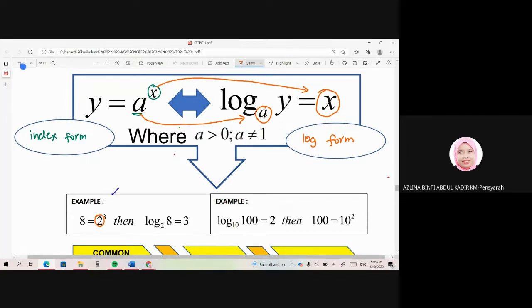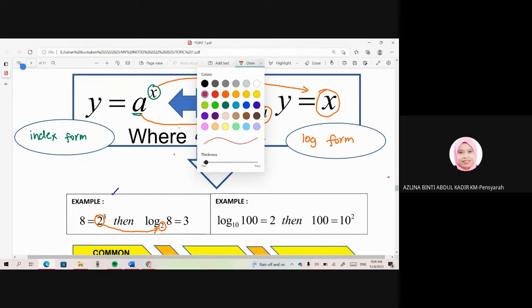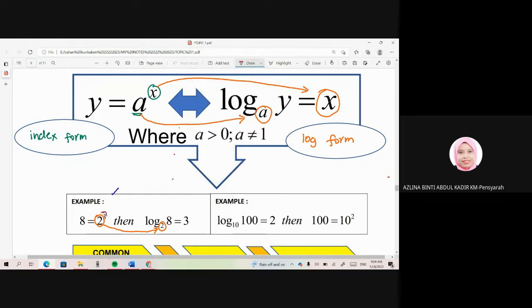So when you change to log form, we still have base 2. And then the index is 3, so you write 3 on the right side of the equal sign. So log 8 base 2 is equal to 3.